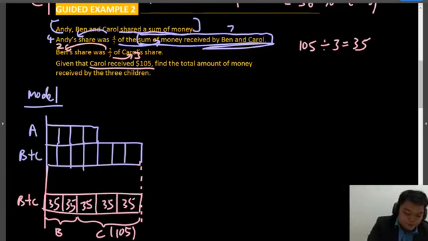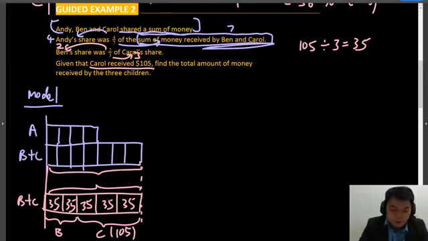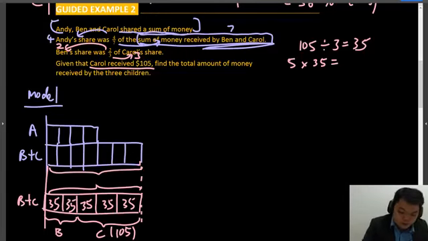And because these 2 items are repeated, they share that same total. So here, if I have 5 copies of 35, I would be able to get 175 over here.